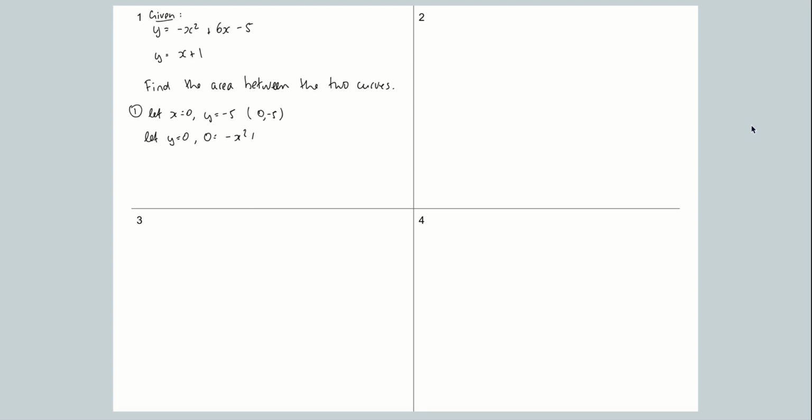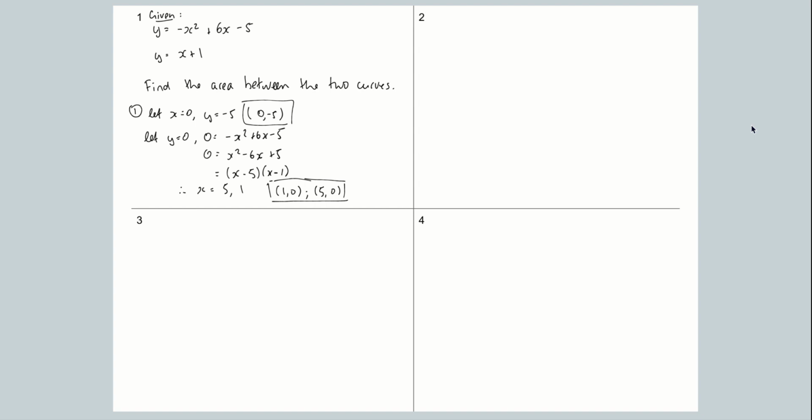And 0 equals -x squared plus 6x minus 5. 0 equals x squared minus 6x plus 5, which is equal to (x minus 5)(x minus 1). Therefore, x equals 5 and x equals 1. So we have, that's the y-intercept. We have (1, 0) and (5, 0) as our two x-intercepts.